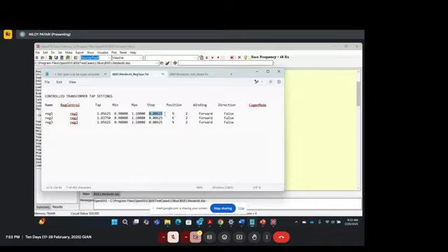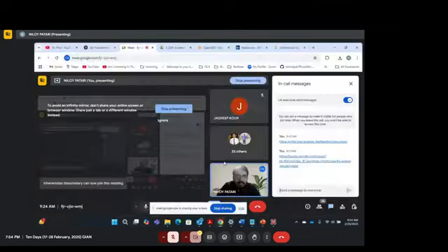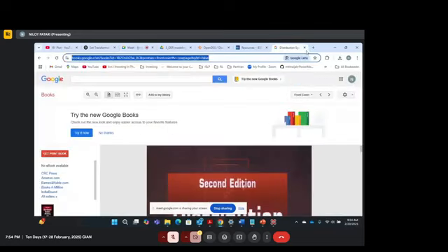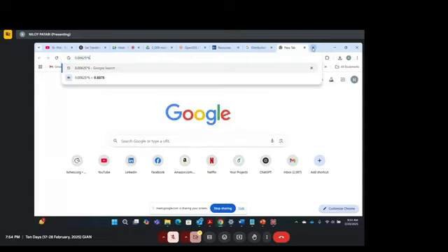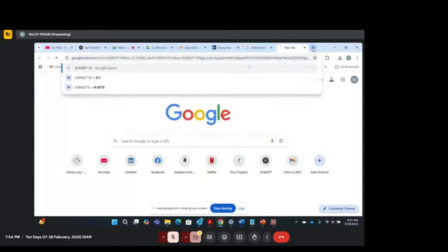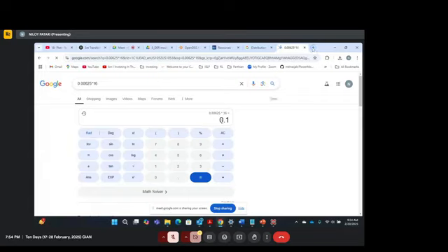So if you multiply this 0.00625 by 16, then you will get 0.1. Let me show that in a calculator. So you have 0.00625 multiplied by 16, then it becomes 0.1. So this is how voltage regulators are designed. You have 16 taps which can go up and 16 taps which can go down.